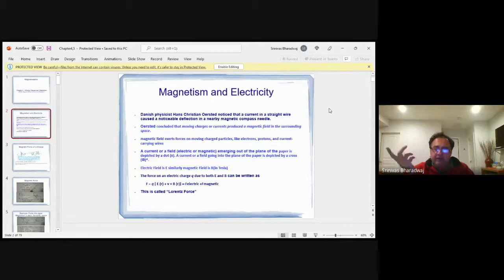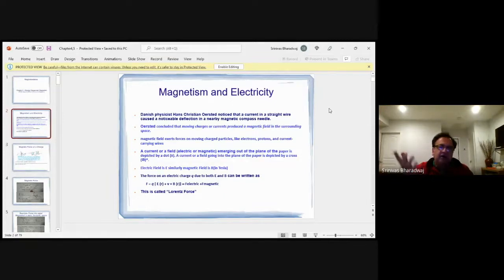Current. So you have a current that introduces a magnetic field in the surrounding space. But in reverse also, an electric charge in a magnetic field experiences a force.